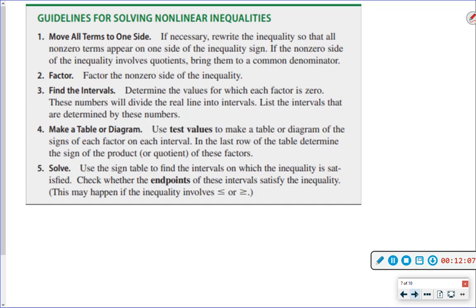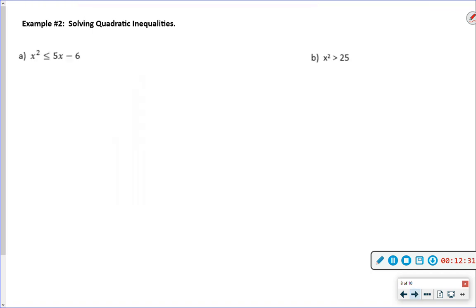There might be a greatest common factor. Might be difference of squares. I don't know. We'll look at it. And then, of course, the table diagram thing. Diagram the number line. We're going to have the number line, but here's the yuck part. We're going to have to test the number line to figure out if it's an and or an or type of graph. We're going to have to do a little bit of investigating, shall we say, to figure that out.